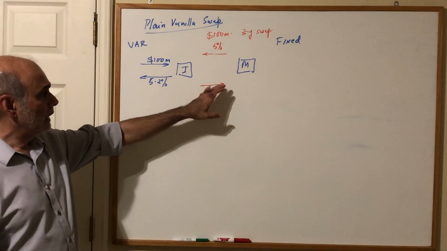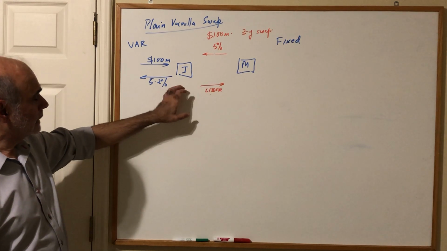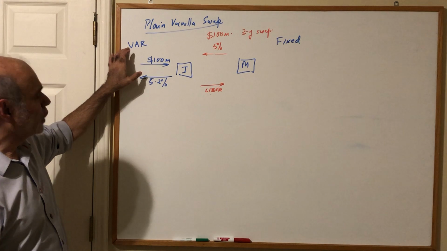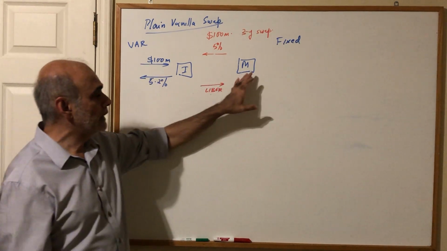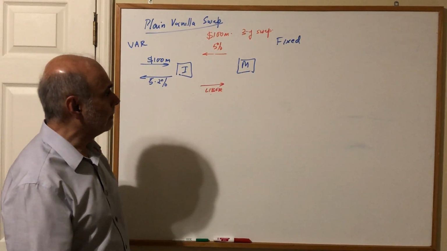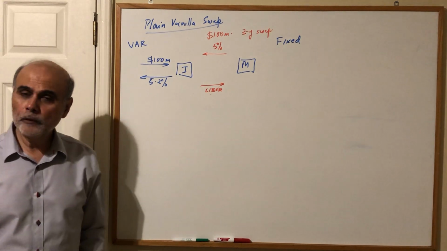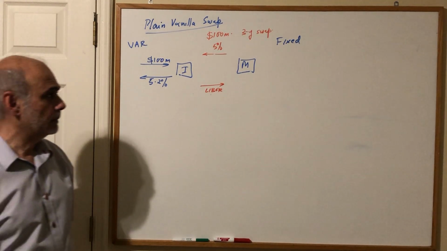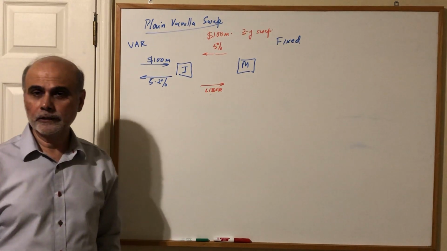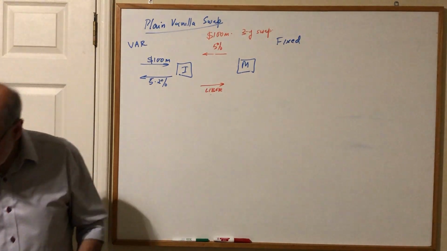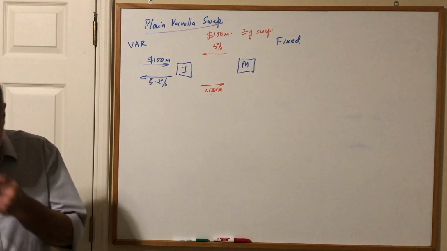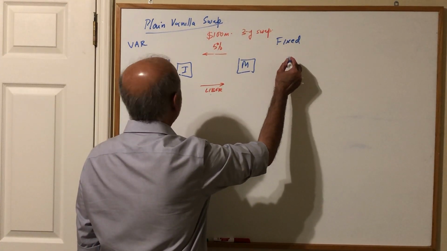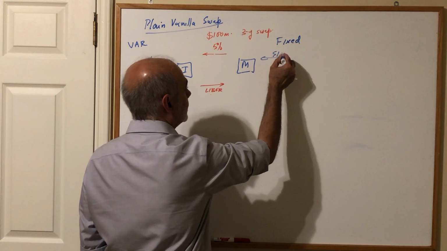Now let's look at this from Microsoft's point of view. Suppose Microsoft also goes to the market and it has to borrow $100 million and it's trying to figure out where the market offers the most favorable terms. Okay, so for Microsoft, we assume it'll issue $100 million worth of debt.